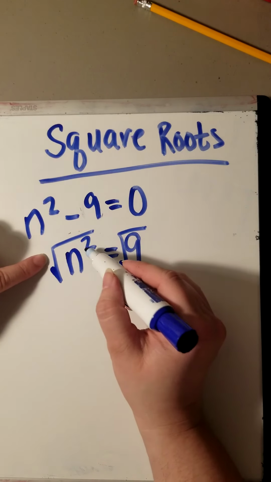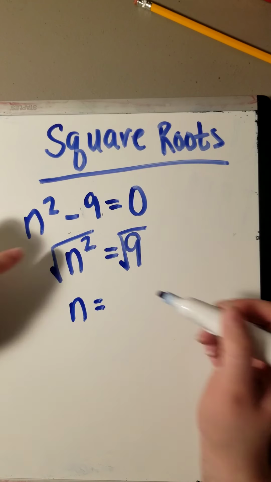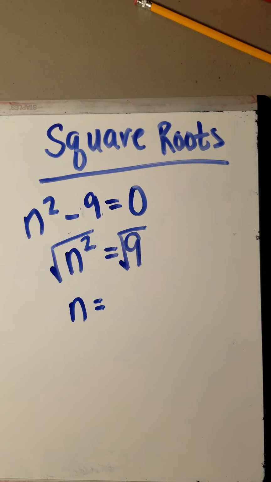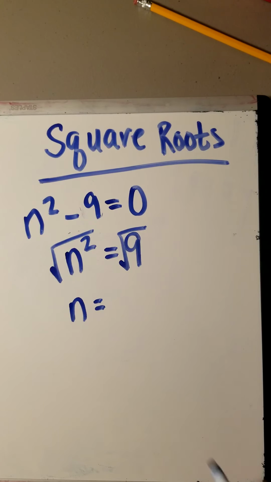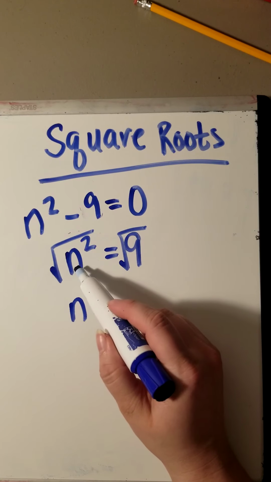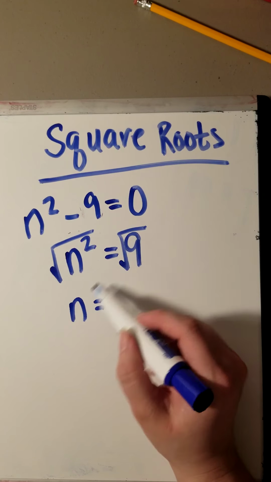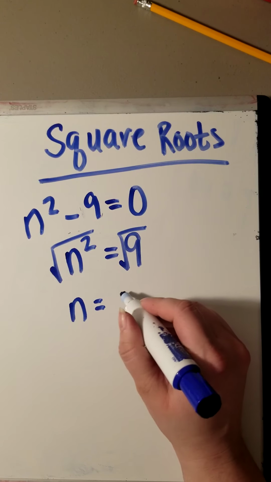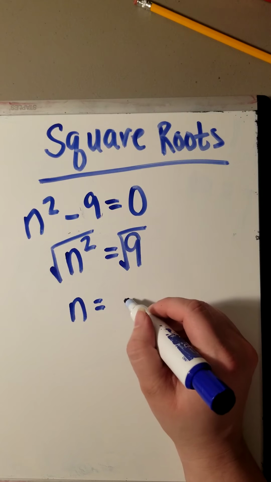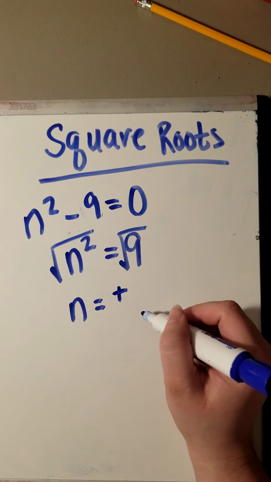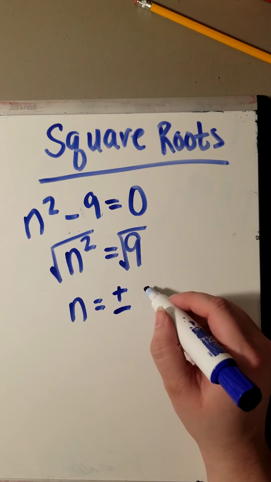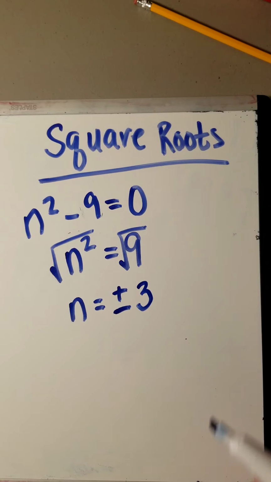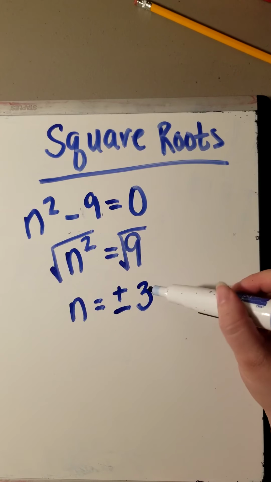Taking the square root of a square just gets you 1 of the number multiplied by itself. And now with this 9, there are 2 ways that you can square a number and get 9 as a result. That's if you have a positive 3, 3 times 3 is 9, or a negative 3. Negative 3 times negative 3 is also 9. So I write that plus or minus 3.